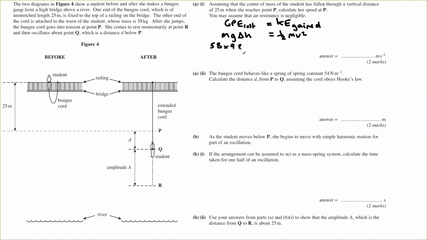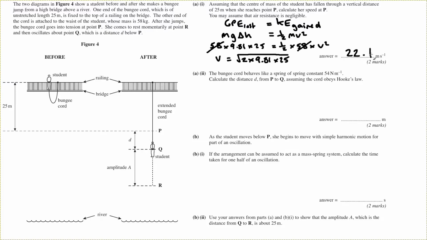We can put in the values, cancel the mass, rearrange the formula, and we will work out her speed at point P, and that comes to 22.1 meters per second.